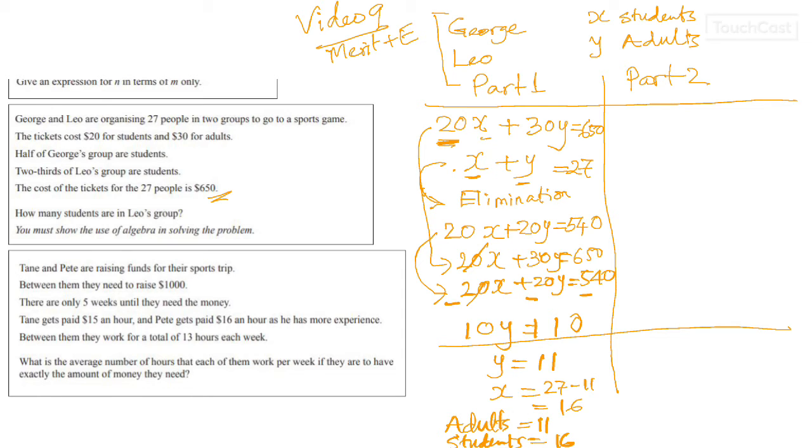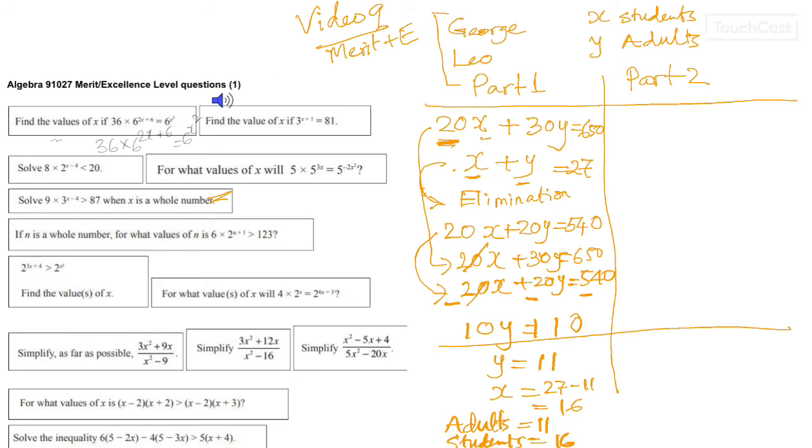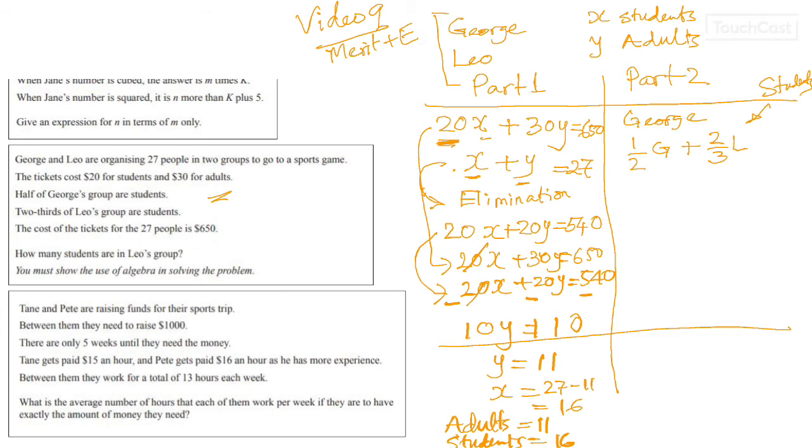Now I am getting into the section 2, part 2. Now I'm going to use half of George's group are students. Now we are getting into two groups, students and adults.